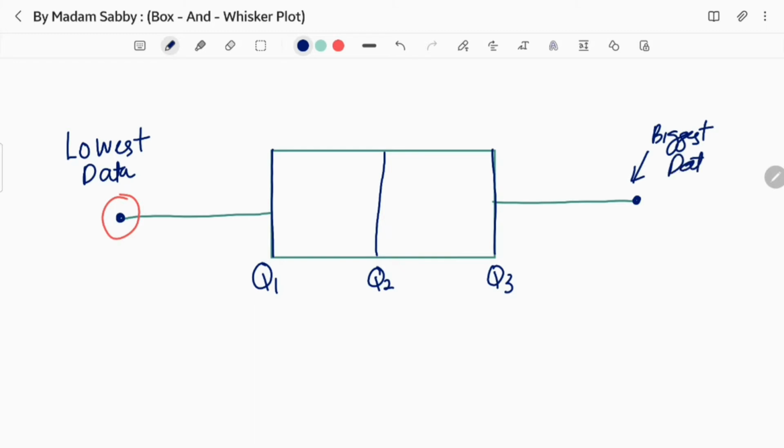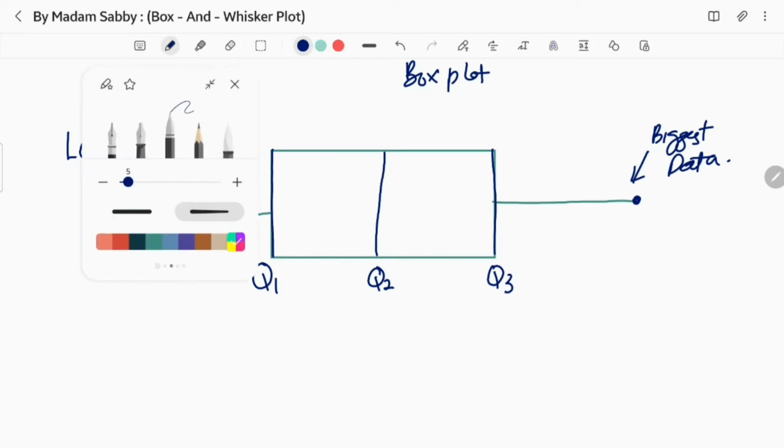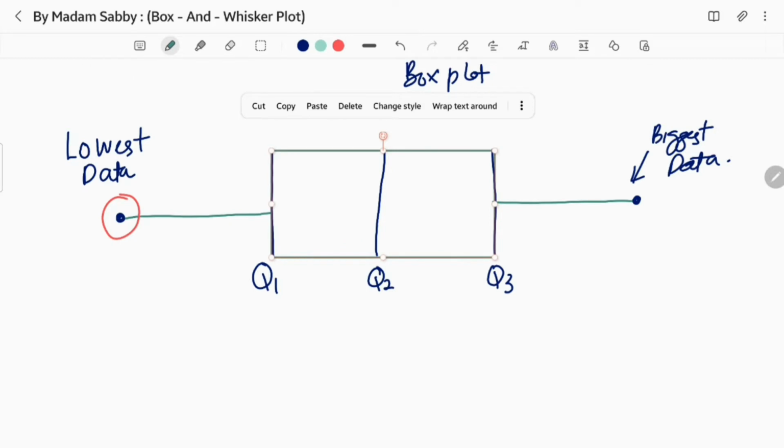Another piece of information that you can add onto your box and whisker plot, which sometimes we refer to as a box plot, is the lower boundary and the upper boundary. Where can we add these? It should be somewhere here.